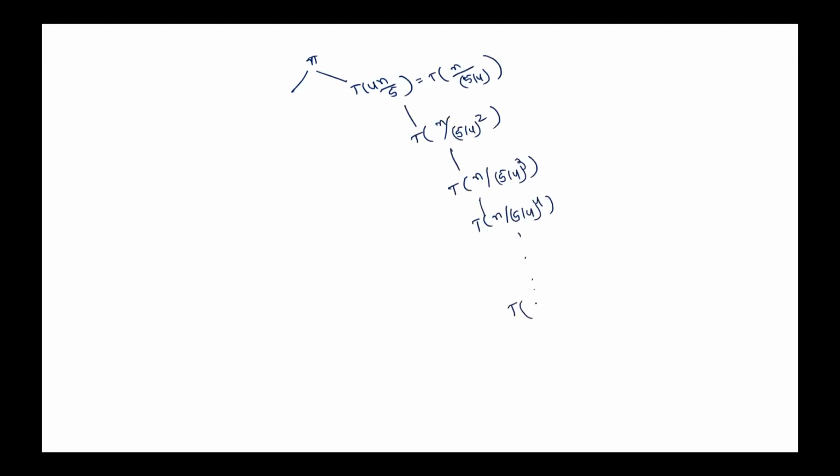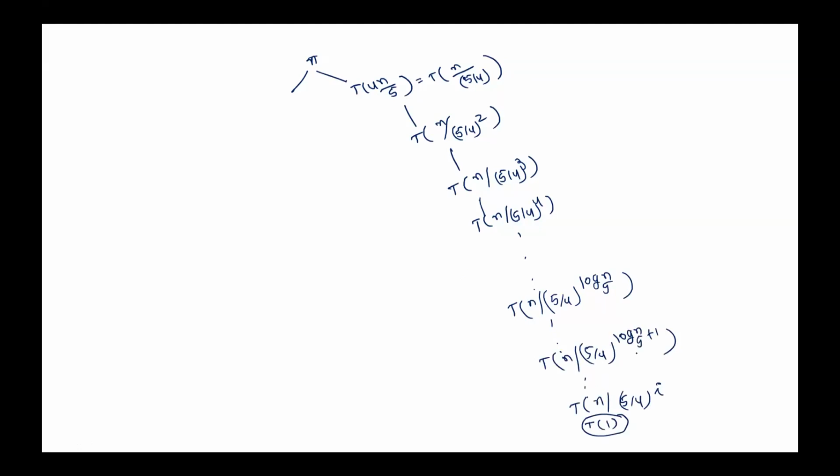After some time it becomes T of n by 5 by 4 whole power log n base 5, then whole power log n base 5 plus 1, and so on. After some time it becomes T of n by 5 by 4 whole power i. When this value is 1, we stop. Is that okay?